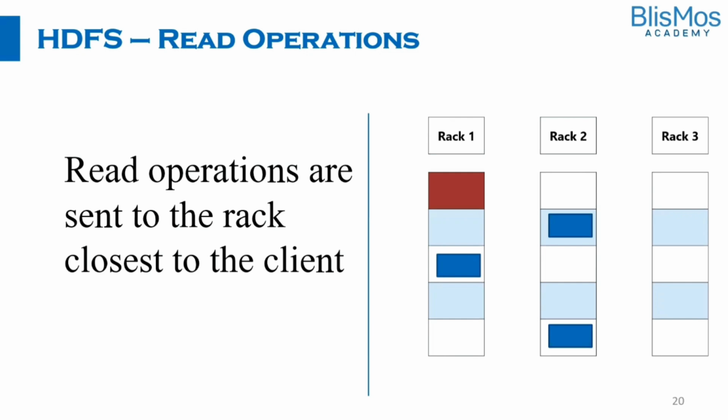If a person accessing the data is near Seattle, the read request will go to the Seattle data center. Read operations are always sent to the rack closest to the client, so that the time taken to read the data from the data nodes is as minimal as possible. That is one more important aspect.